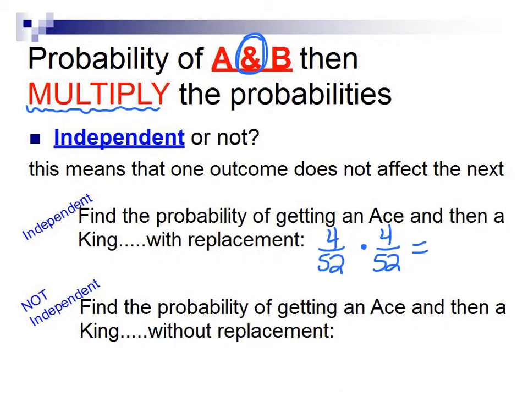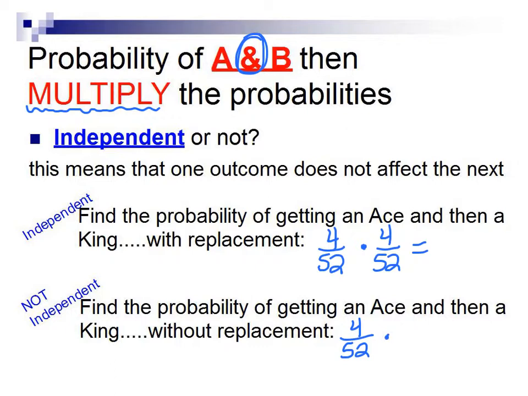Okay, if these are not independent, that means whatever happens on the first one affects what's happening on the second one. So this would be an example where that happens. It says find the probability of getting an ace and then a king without replacement. So you start off the same way. I've got 4 aces out in that deck out of 52 cards, and means multiply.